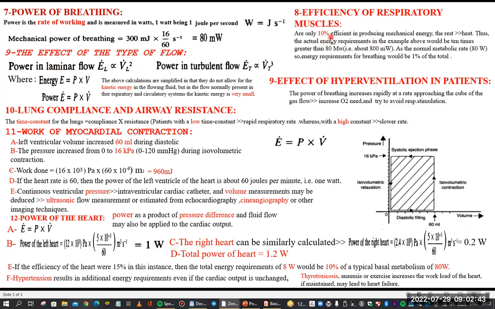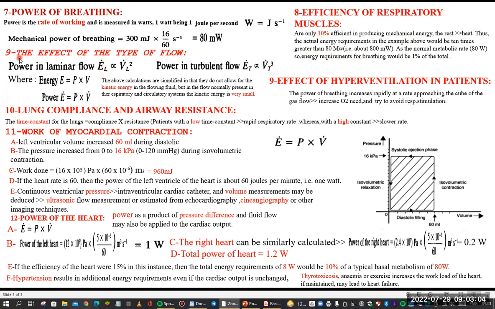In the example mentioned before, it represents only 10% of the mechanical work. So we ought to consider the total mechanical work as 10 times this one, so it will be 800 millijoule. You see, this is what is written.